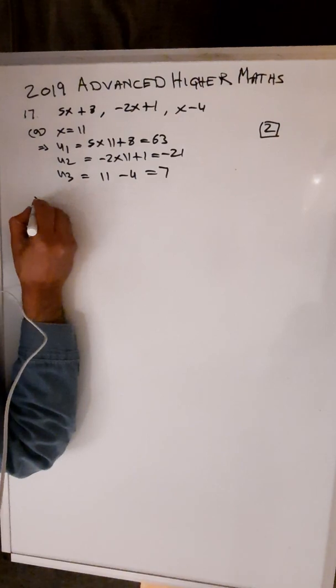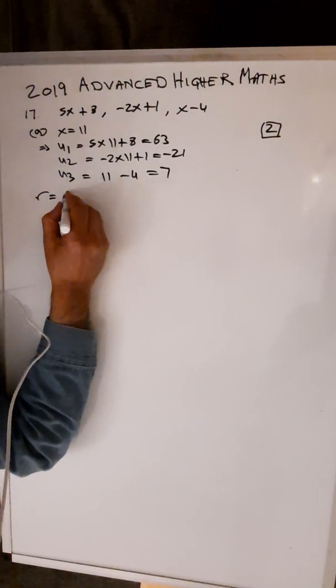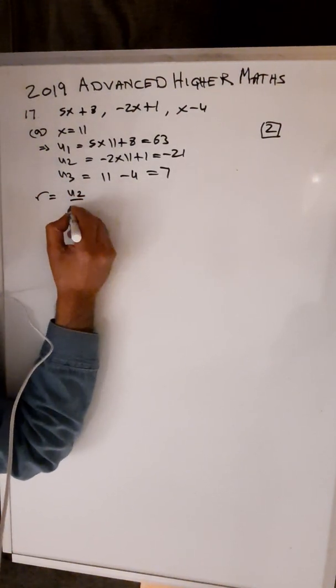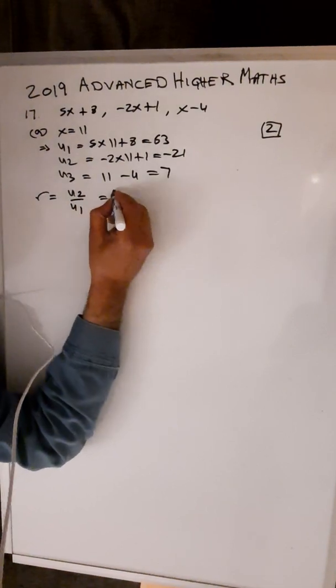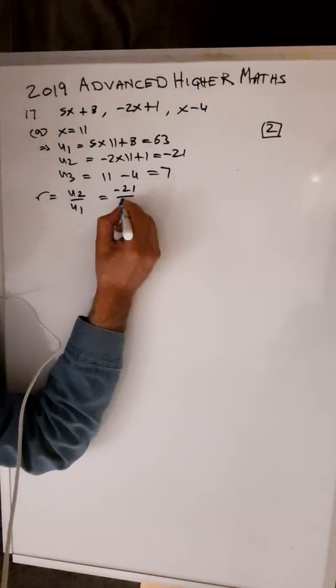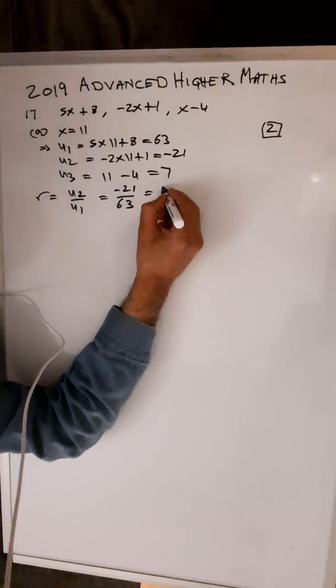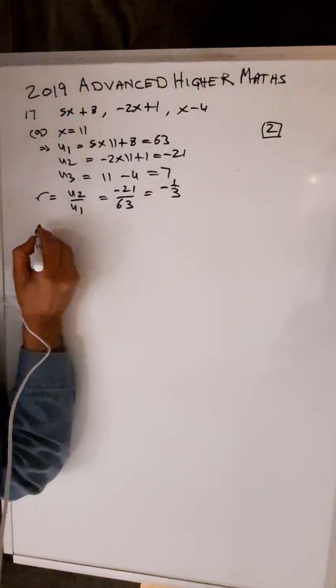So the common ratio r is equal to u2 over u1, which is -21 over 63, which is -1/3.